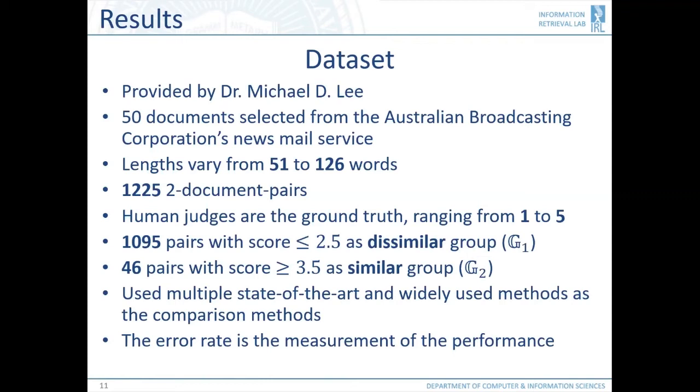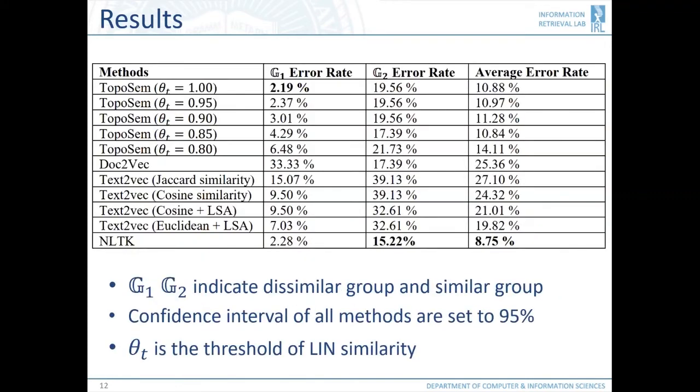We use some multiple baselines and widely used methods as our comparison methods, and the evaluation metric is the error rate. Okay, so the results of our method are in this table. G1 and G2 indicate the dissimilar group and the similar group respectively.